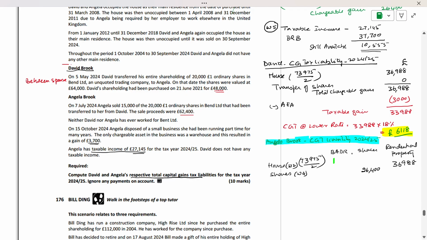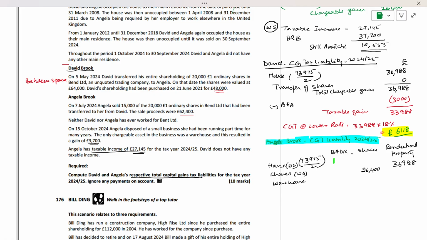So BADR, is the order important? Does BADR have to come first? Nothing. There will be one more column in total, right? Put the total, because AEA has to be calculated on the total.